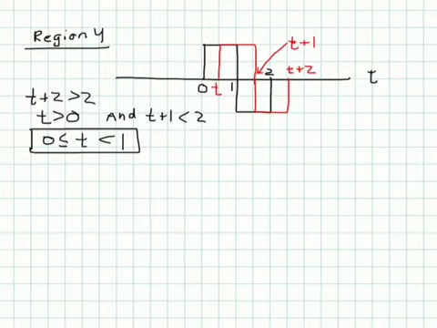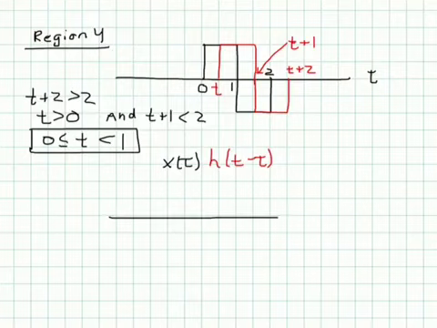And now we just do the sketch again. So now I'm going to sketch x of tau times h of t minus tau. So I'm sketching the result of that. And here's my sketch of the result. So now in this region it's non-zero, and in this region it's non-zero, right? And so here's what my sketch is going to look like.